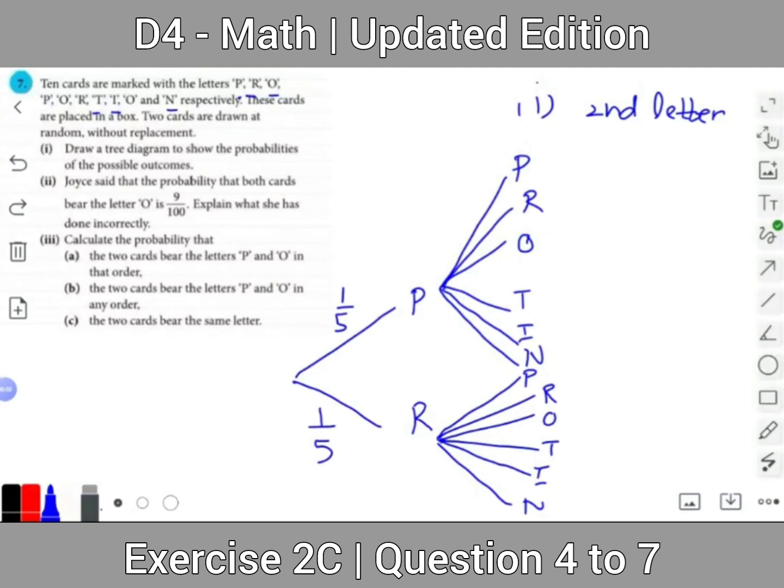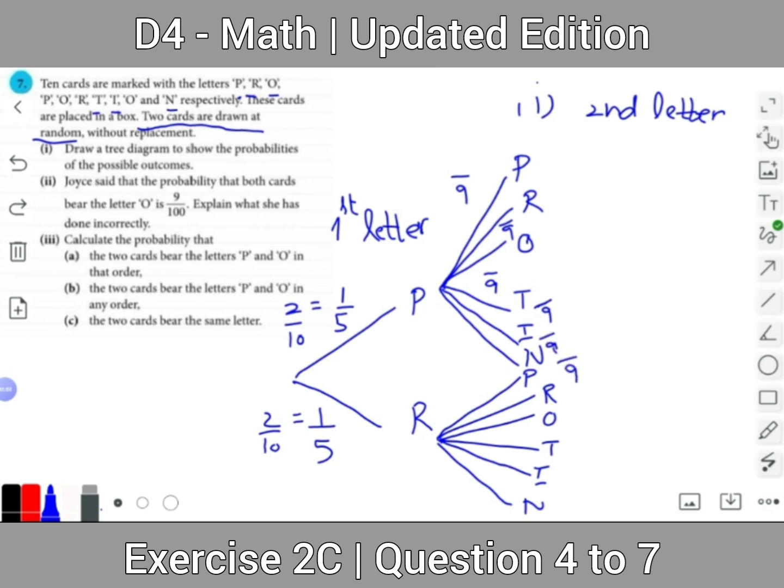Now for the second letter, since 2 cards are drawn at random without replacement, for letter P, after the first card is drawn, there are 9 cards left, so the denominator will be 9 for each branch.